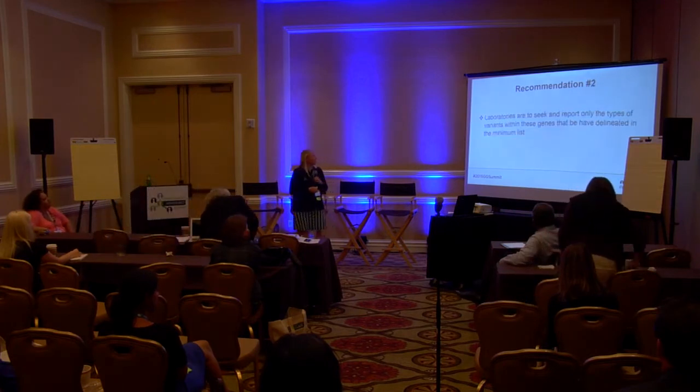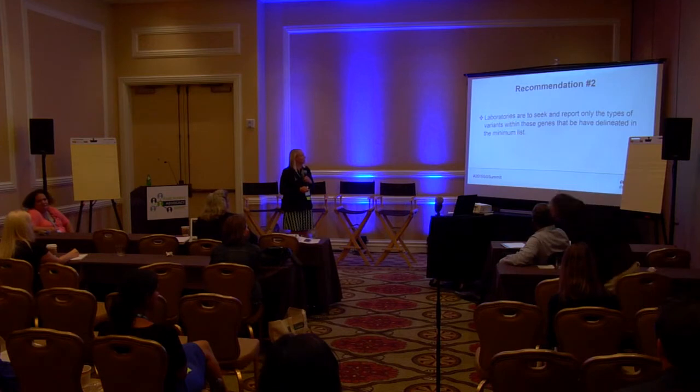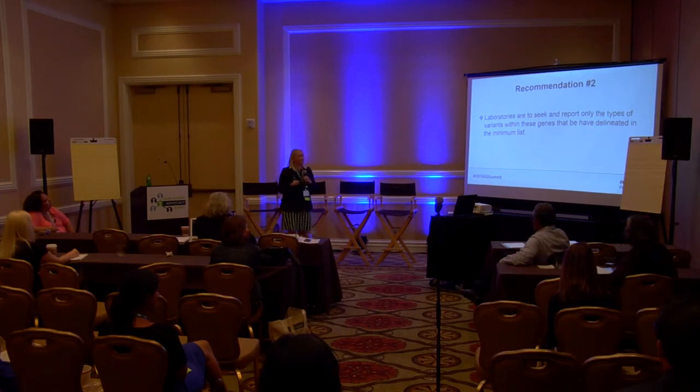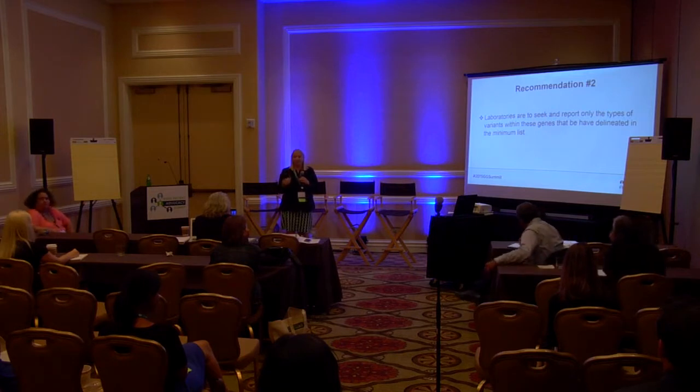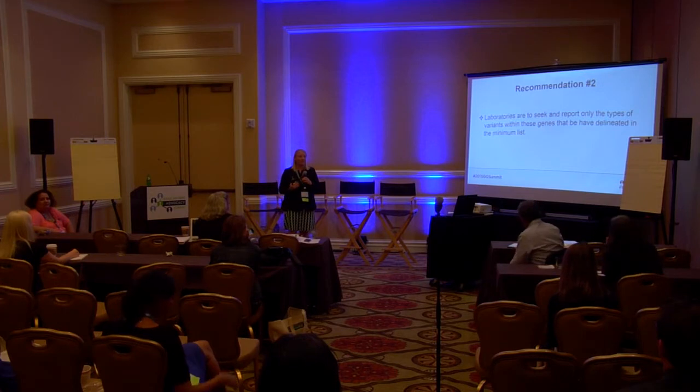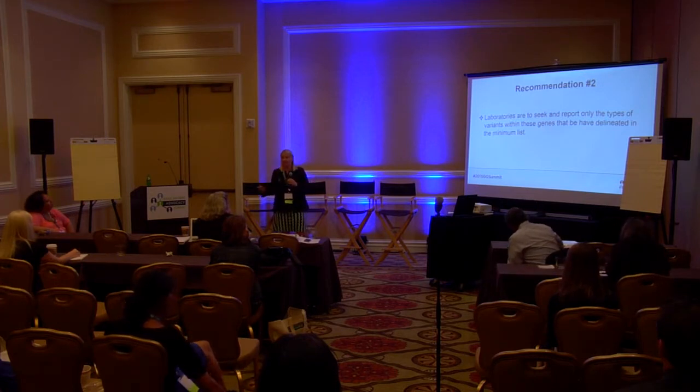They said to seek and report only the types of mutations within these genes that have been delineated in the minimum list. So it means also really stick to the minimum list of 56, and also really look at mutations that are positive, not ones that are uncertain, because that's too much psychologically, emotionally for clinicians and families to deal with.